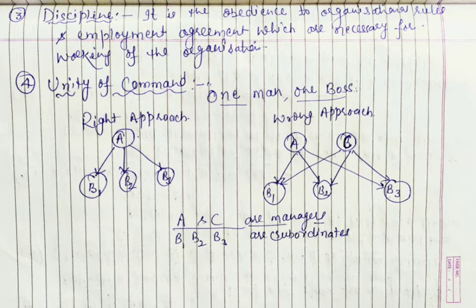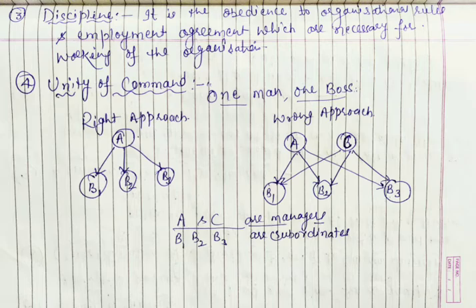But instead of following that principle, C is giving instructions to B2, जबकि B को इंस्ट्रक्शन सिर्फ और सिर्फ A से मिलनी चाहिए, B1 को भी A से मिलनी चाहिए. जब B2 को A भी इंस्ट्रक्शन देगा, C भी इंस्ट्रक्शंस देगा, तो वो किसी का काम पूरा टाइम पर नहीं कर पाएगा. इसलिए if one man will be given orders from his immediate boss, only in that situation they can contribute their efficiency and effective results.